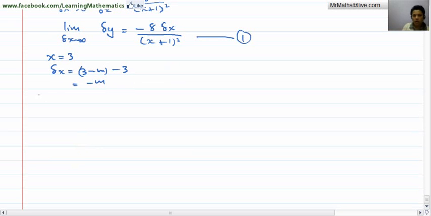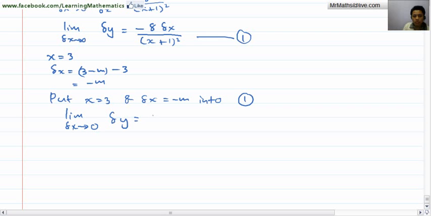I'm just calling this equation 1. Then put x equal to 3 and delta x equal to minus m into 1. Then delta y is equal to minus 8 times minus m over (3 + 1) squared.